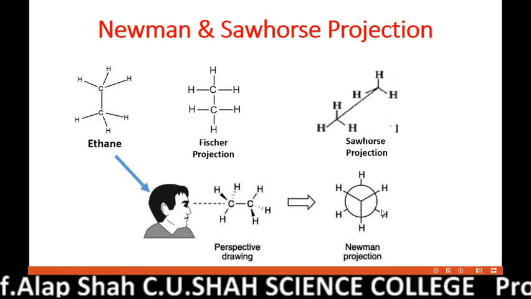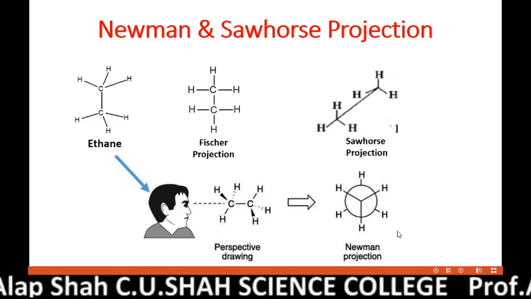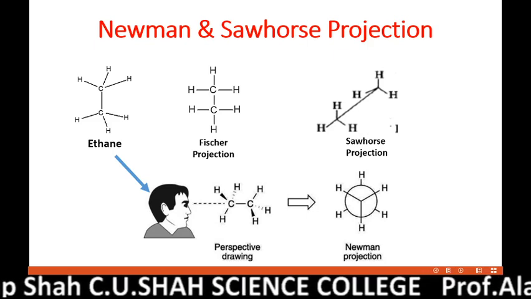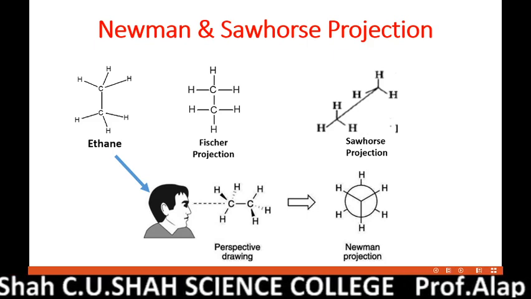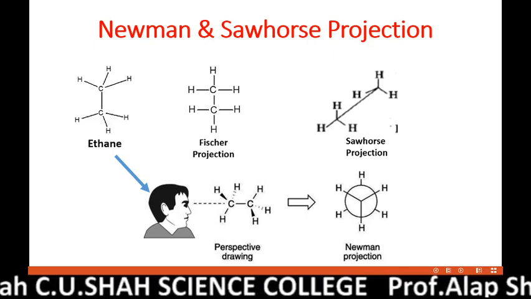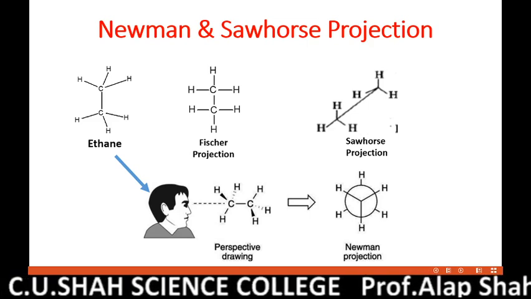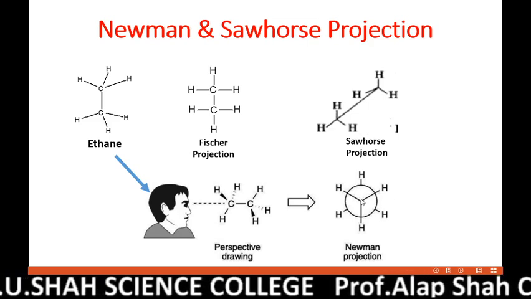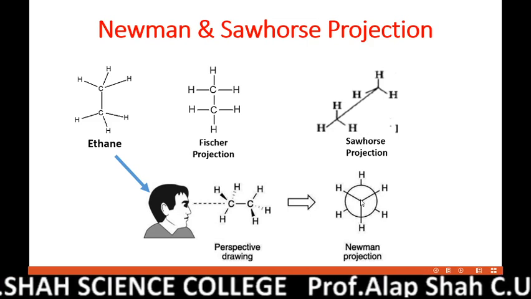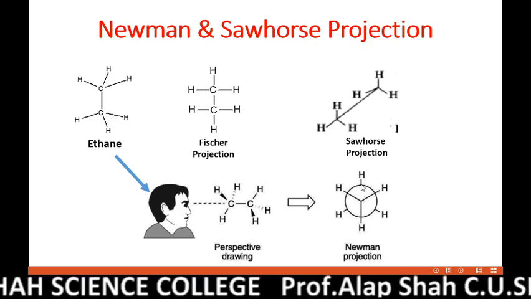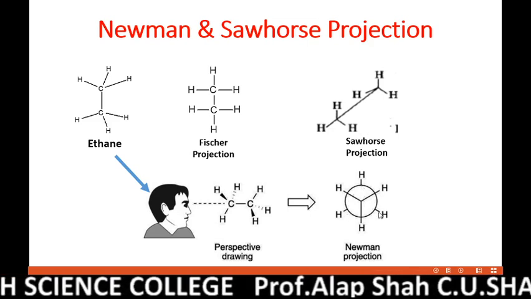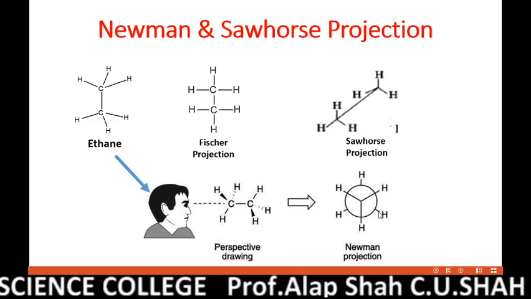So here you can see that. Anytime you come across a Newman projection, there is no need to ask. We can immediately understand that the bonds written from the center are attached to the front carbon, and the bonds attached to the periphery of the circle are attached to the rear carbon.